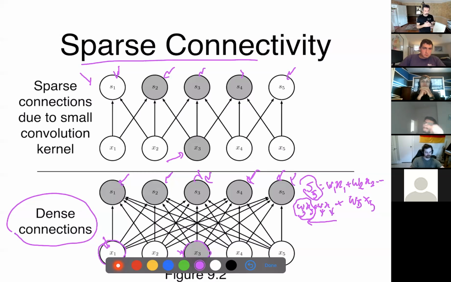And this number really depends on what? Can you guess what this number depends on? You mean like the selection of the number of connections from an input to an output? Yeah.